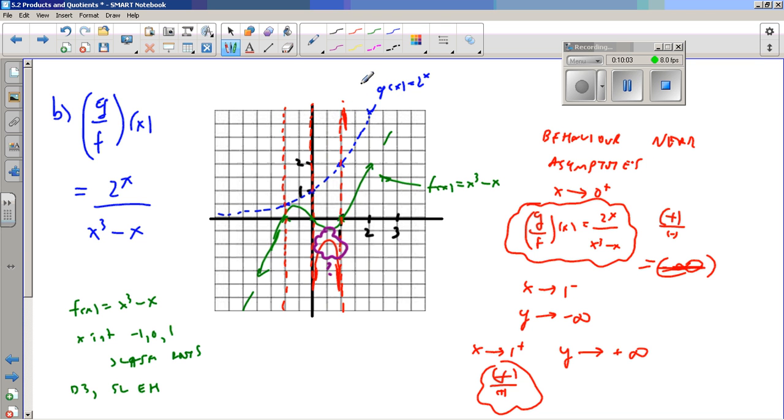Now what happens over here? Well, if you try a few values, what happens here quickly is the green sort of overtakes the blue. All right, and I'm going to come back to this in just a second. I want to go over here and finish this stuff, which I consider the easy stuff first, and I'll come back to this discussion in just a moment.